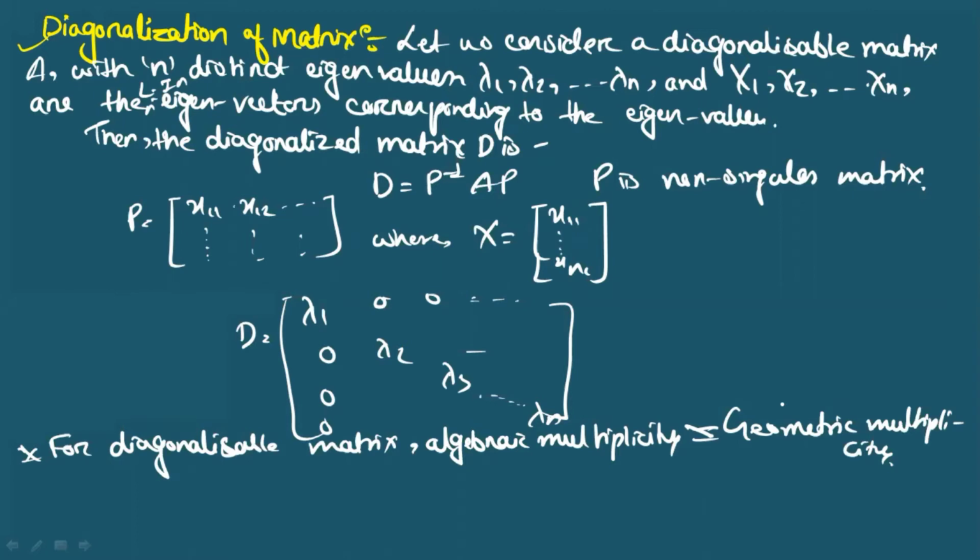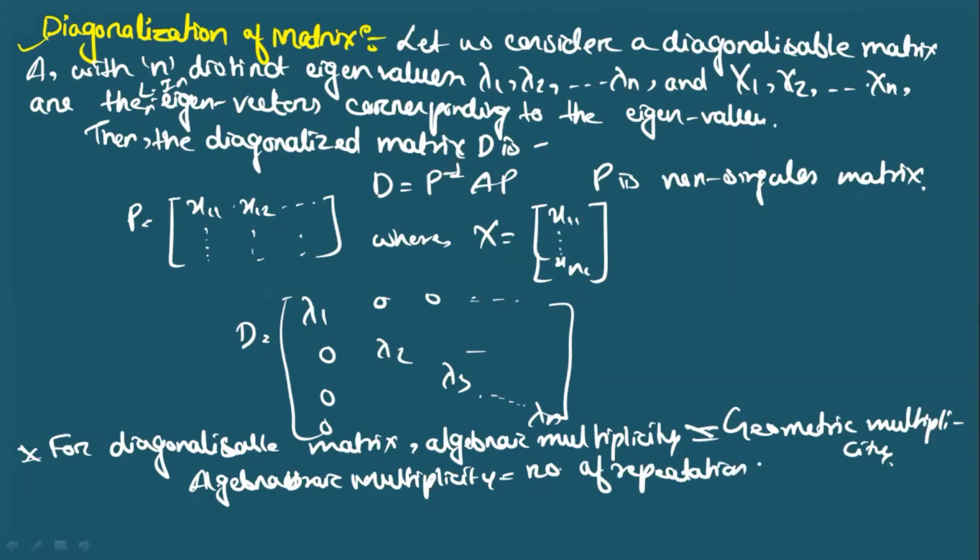Now, what is algebraic multiplicity? Algebraic multiplicity is equal to the number of repetitions of the eigenvalues. It denotes the number of repetitions of the eigenvalues. Clear?